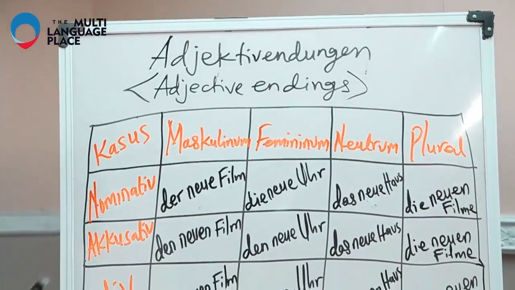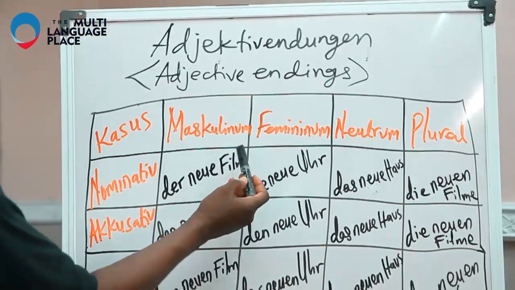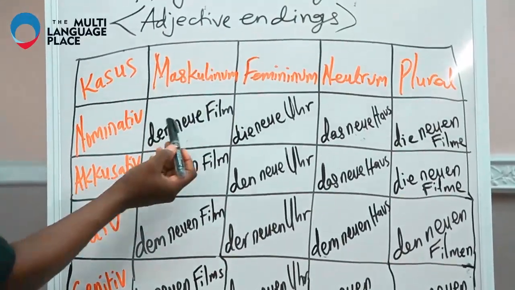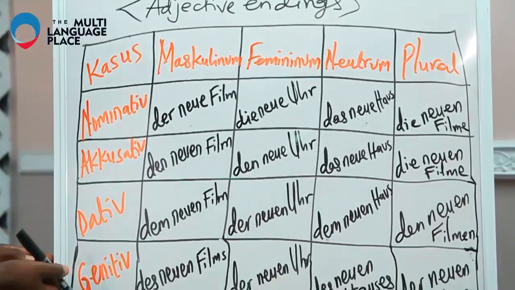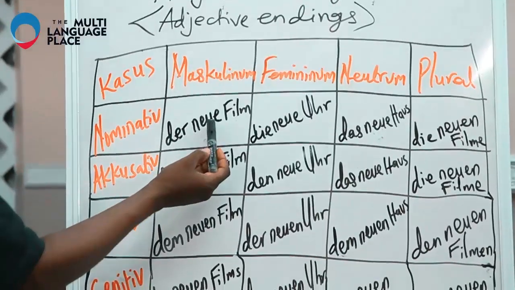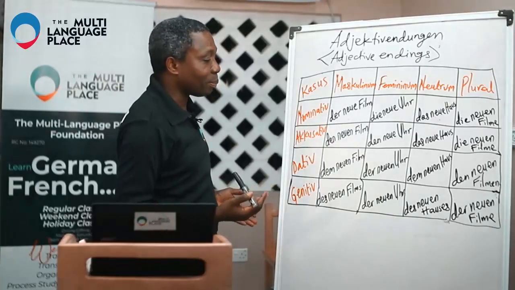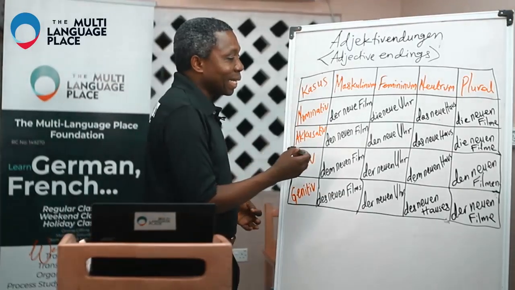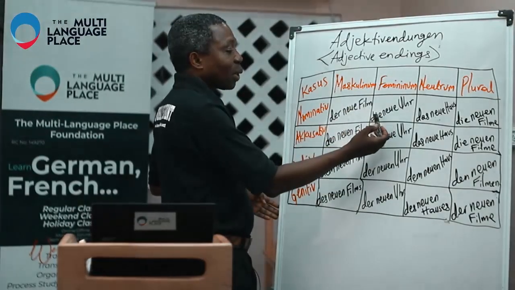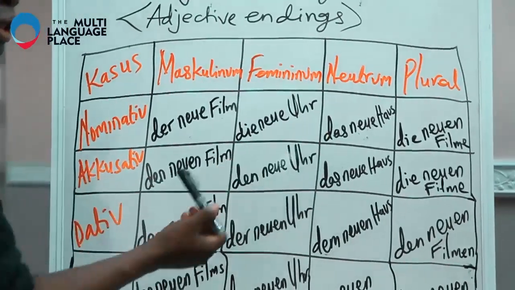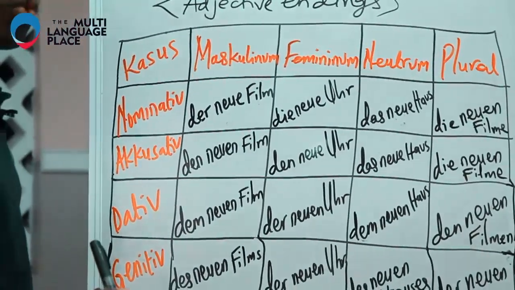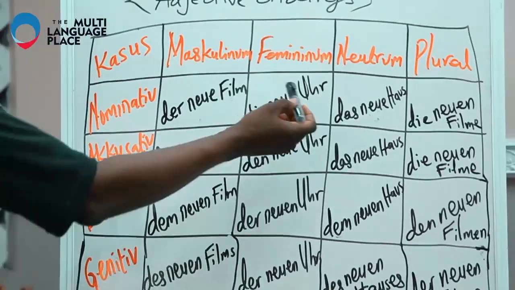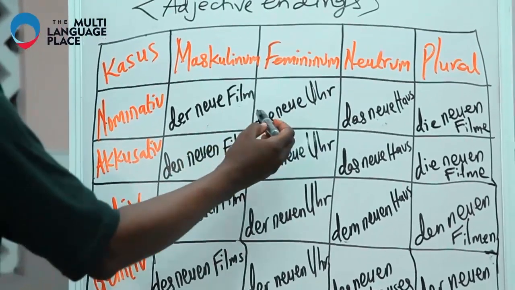So, for instance, this is der neue Film. Normally it is der Film. But then this adjective has come, and then we have der neue Film. Also in the nominative we have die neue Uhr. Uhr is die, so we have die Uhr.